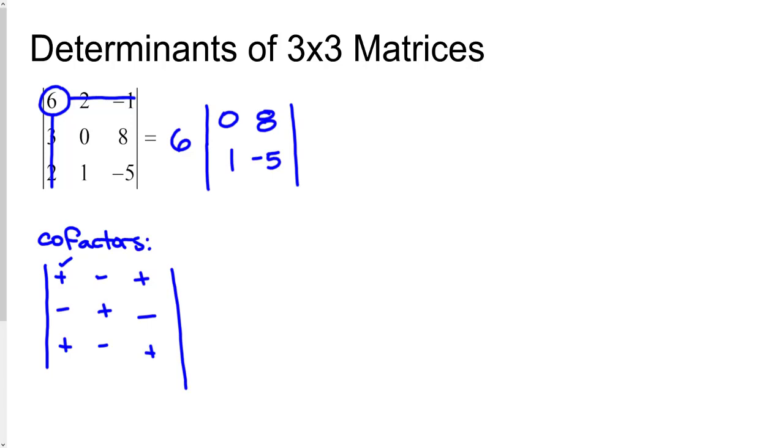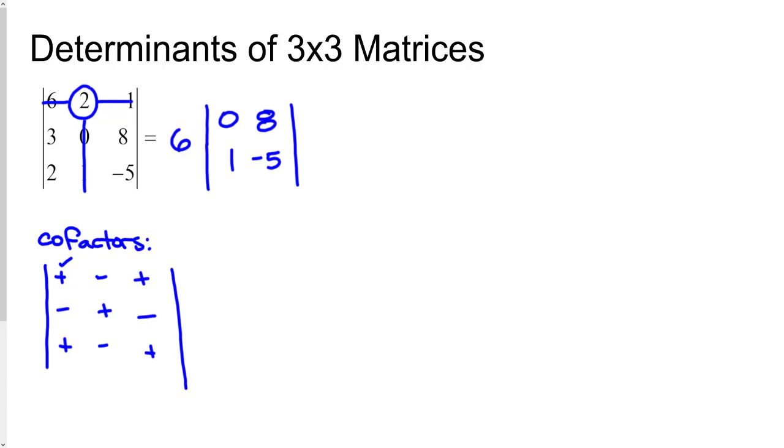Okay. Then I go to my next pivot. And I can use any row and any column. So I'm just going across the top row. I could go down to the 3 as well. I'm just going to the 2 next because I don't really have a particular reason. I'm just going that direction. But what I do is I cancel out everything in that corresponding row and column. And that leaves me with 4 numbers, and those 4 numbers make up a 2x2 matrix.